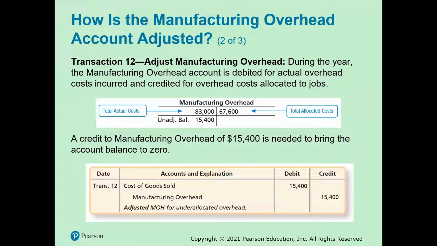At the end of the accounting period, the underallocated and overallocated overhead is adjusted by closing the manufacturing overhead account. A credit to manufacturing overhead of $15,400 is required to bring the account balance to zero.